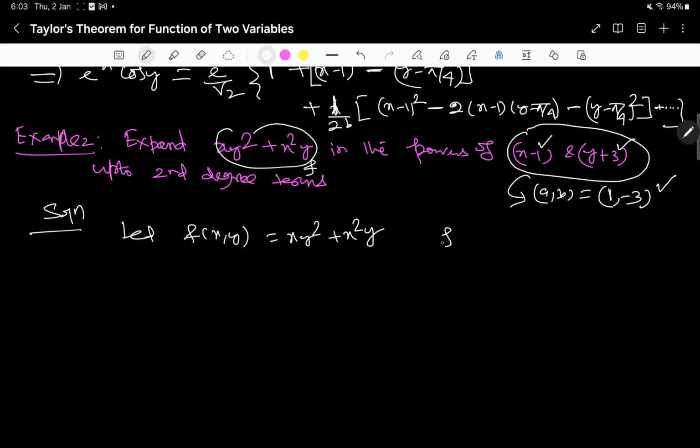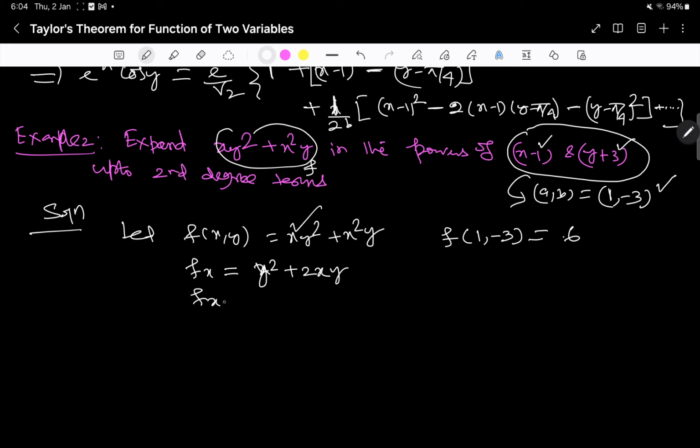So what is f of 1, minus 3? This will be 9 minus 3, which is 6. Similarly you find fx, it is y square plus 2xy.